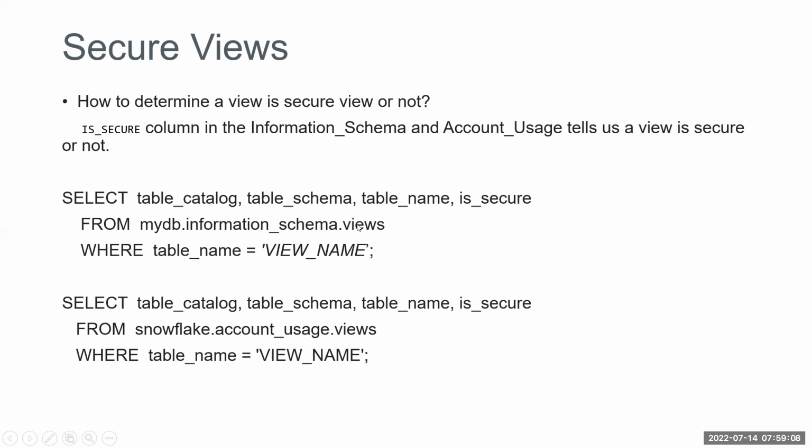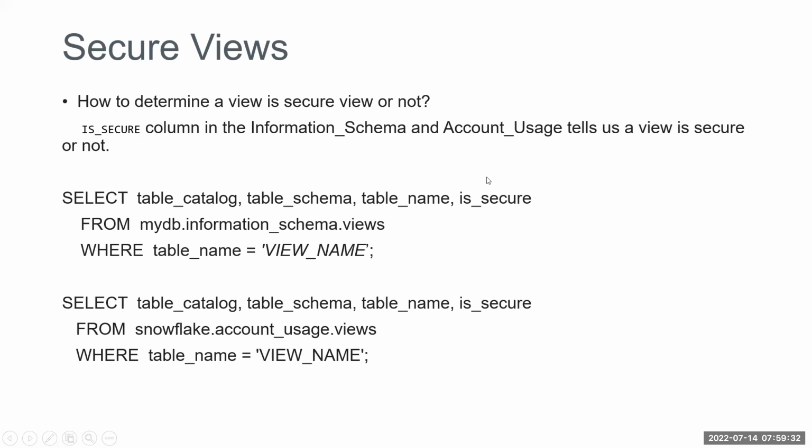It contains not only views but also tables, that's why we have to provide where table name equals the view name. Then it will show you the table name, schema name, and database name where it is stored. There is a field in this table, is_secure. If it is a secure view, it will show yes, otherwise it will just say no.